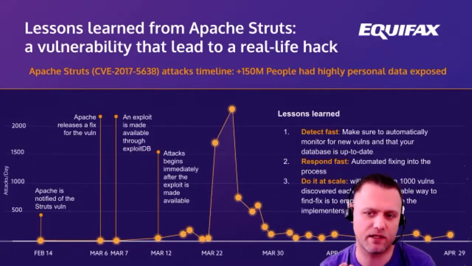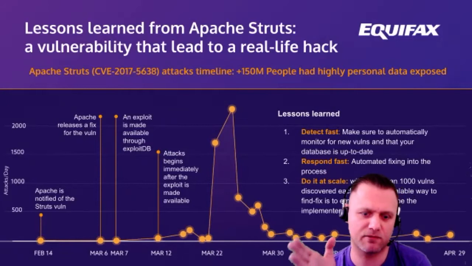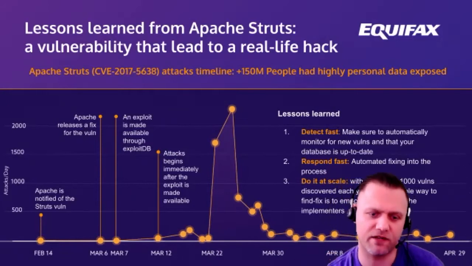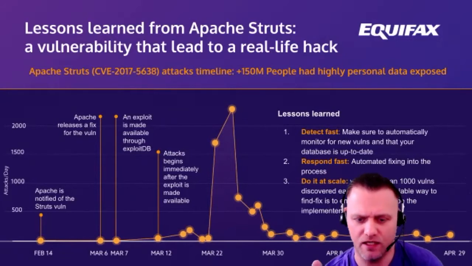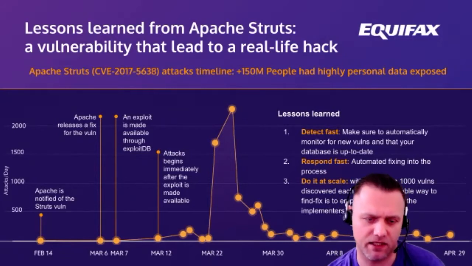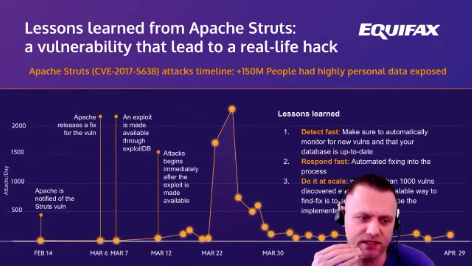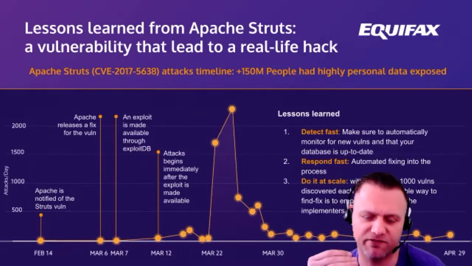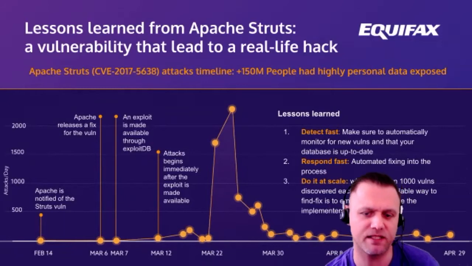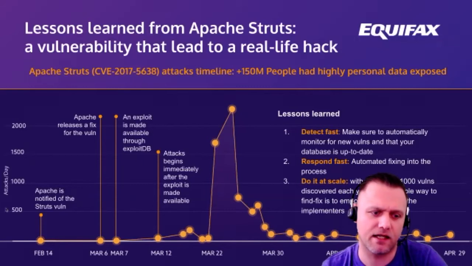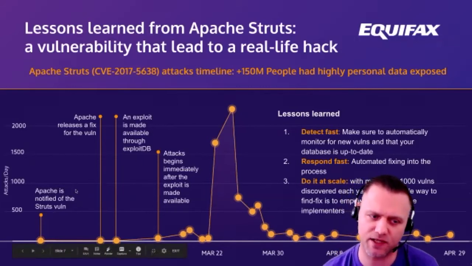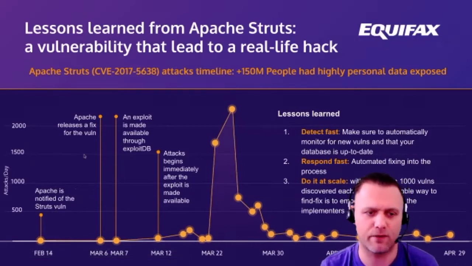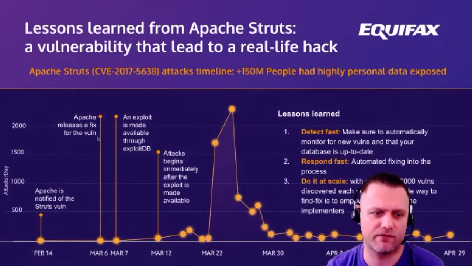The problem, and this is a good example, that's why I'm showing it, is that you always have to monitor your applications. You always have to know the bill of materials in your project, because once an issue or a vulnerability has been found, it's very fast that it's being exploited. So this is the timeline that we see here. The Apache Foundation was notified that there's an issue with Struts, the framework. Okay, they released a patch or fixed the vulnerability.